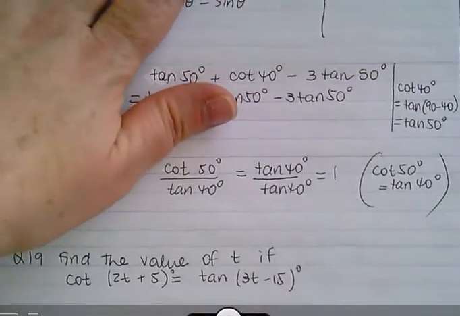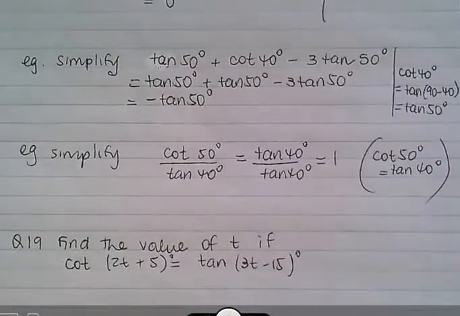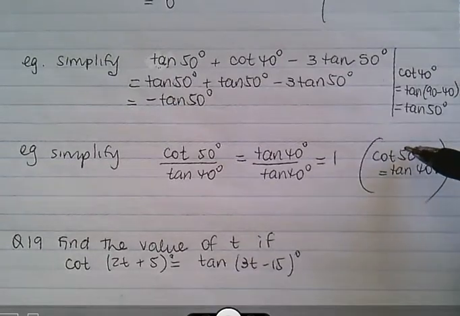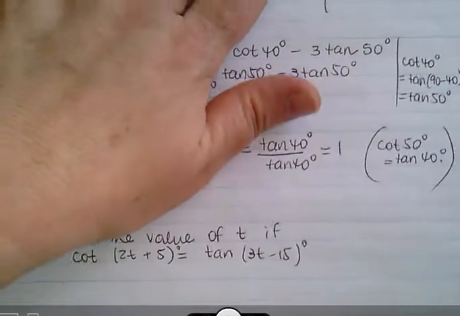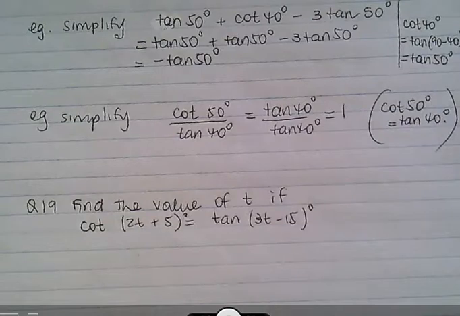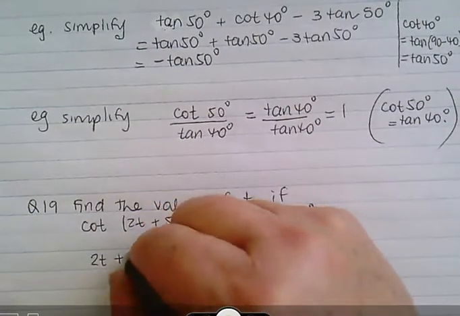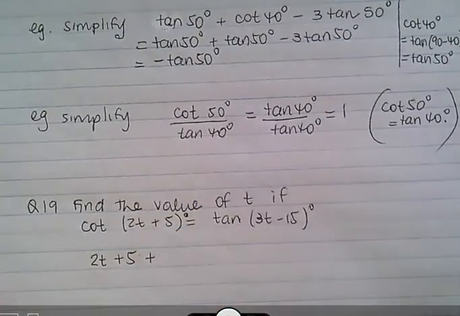Now the last one. These types, the easiest thing here is to know that, see how we say here cot of 50 equals tan of 40? It's because 50 plus 40 is 90. I wouldn't be writing equals 90 minus. You're going to get yourself into a big mess. What I would just do is that 2t plus 5 plus what?